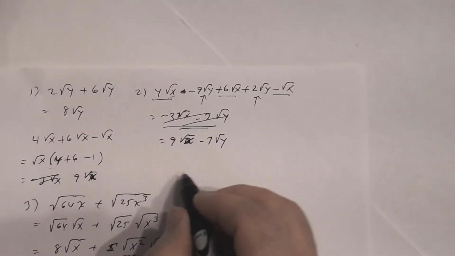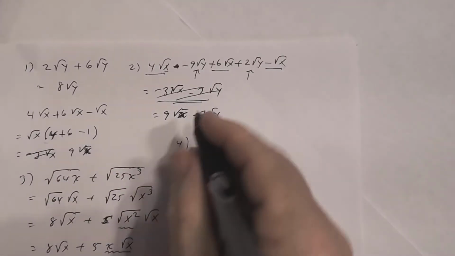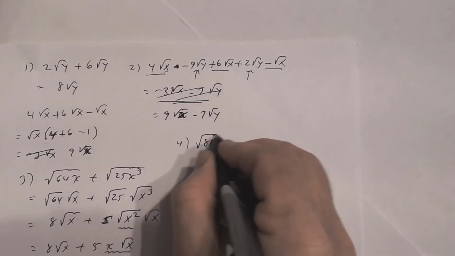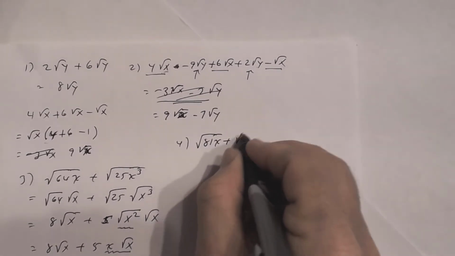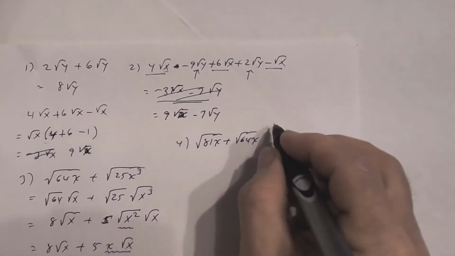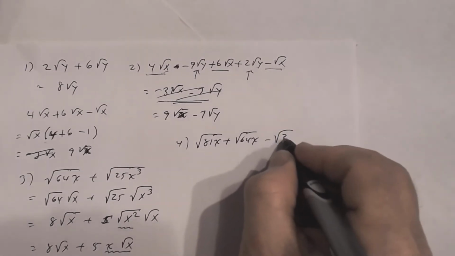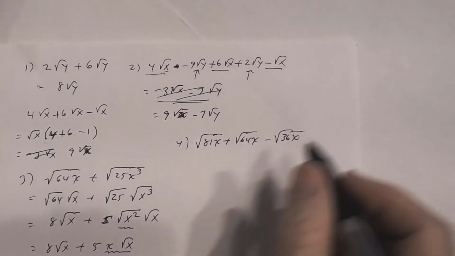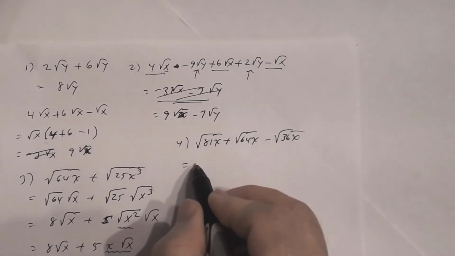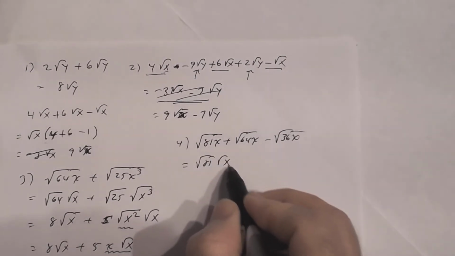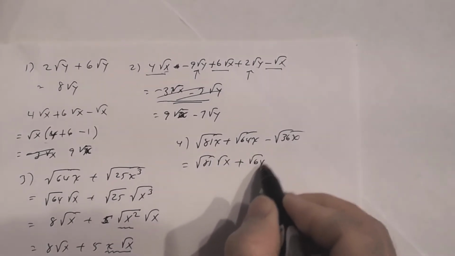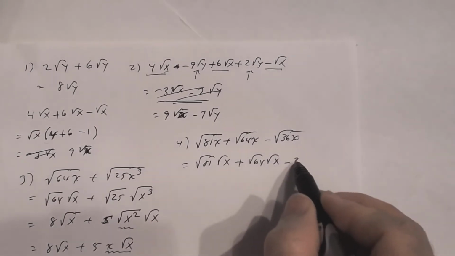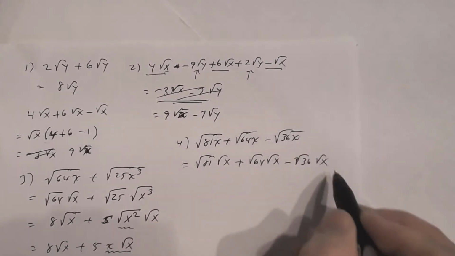All right, number 4. We have the square root of 81x plus the square root of 64x minus the square root of 36x. Using the product rule, this becomes the square root of 81 times the square root of x, plus the square root of 64 times the square root of x, minus the square root of 36 times the square root of x.